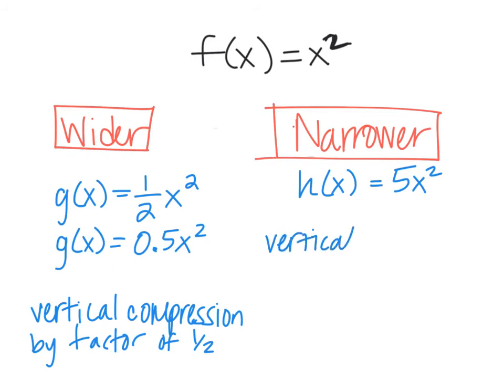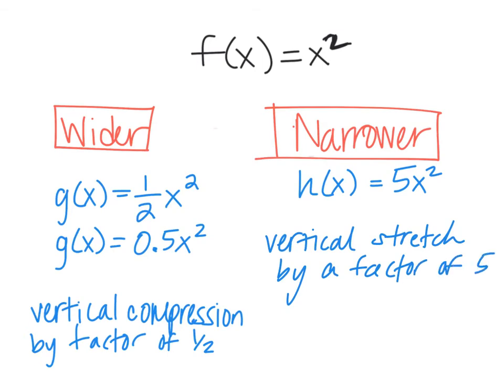So it's going to get more skinny, by a factor of 5. That'd be anything that's greater than 1, right? So 1.5, 2, 3, 4, 5, and you can keep going. It's just going to get skinnier and skinnier and skinnier the higher the numbers get.